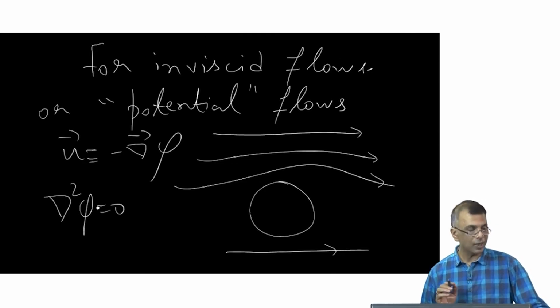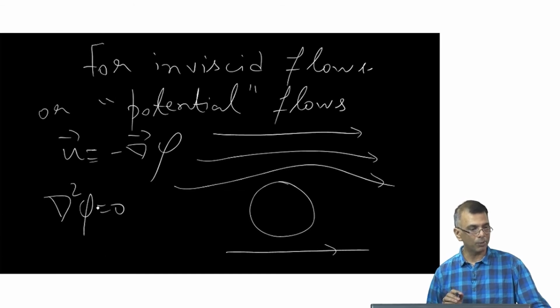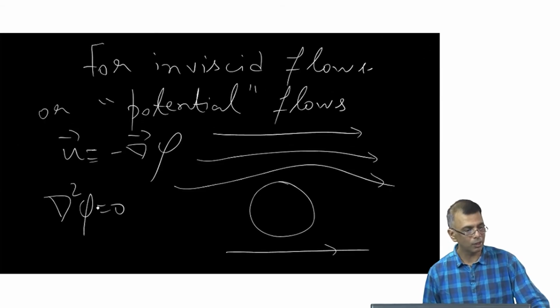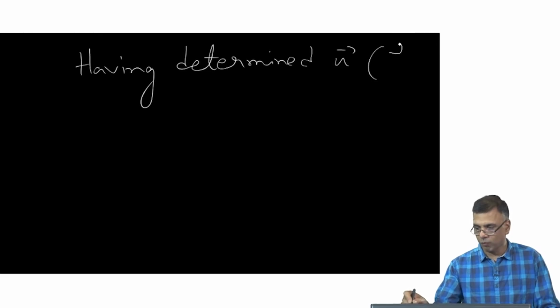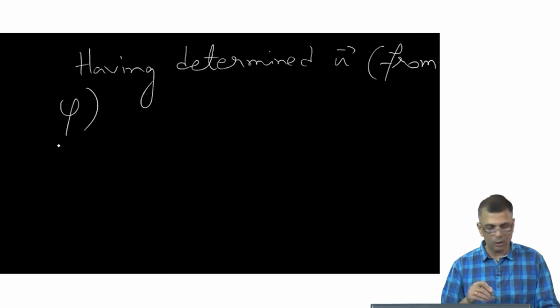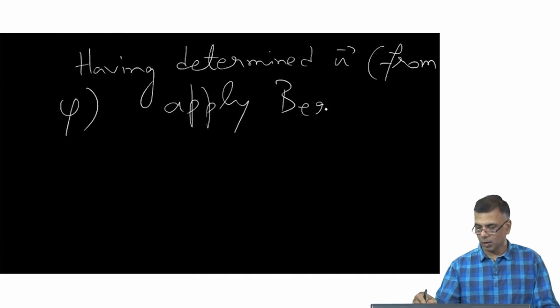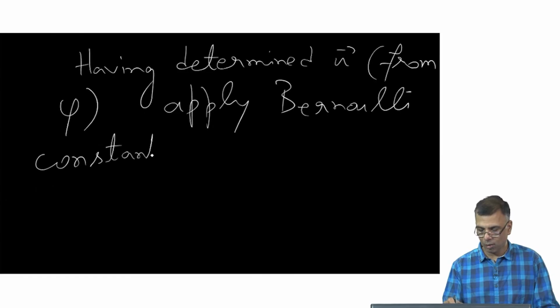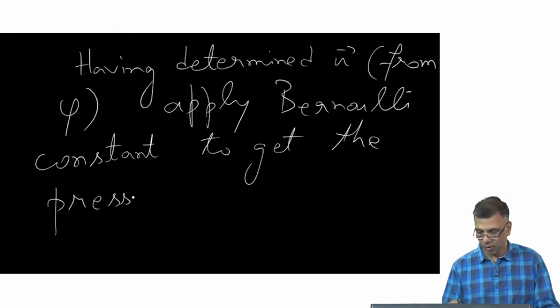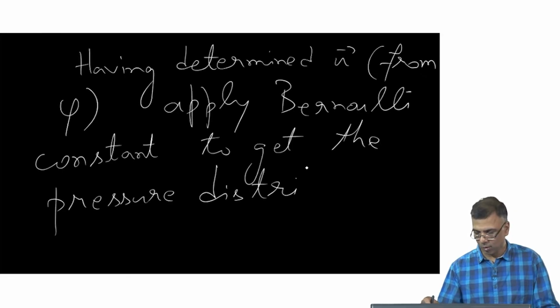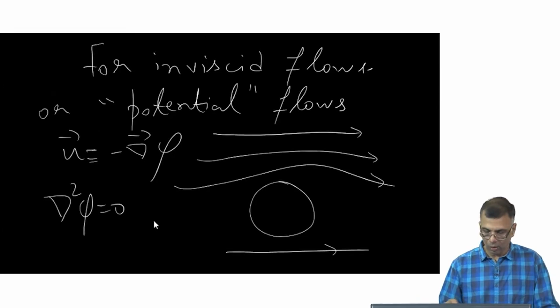Now, if that is the case, you can verify the following. Having known u from phi, you can apply the Bernoulli constant to get the pressure distribution over the entire surface.